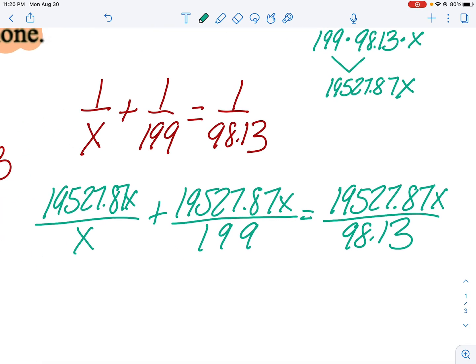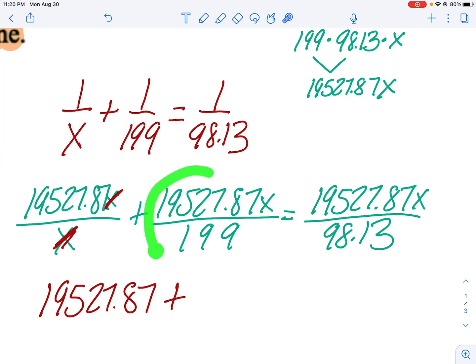You may be wondering, these are large numbers to multiply and divide. First of all, the easy part is that this x cancels this x. So then 19527.87 just comes down by itself. Plus, now the idea is dividing these two.